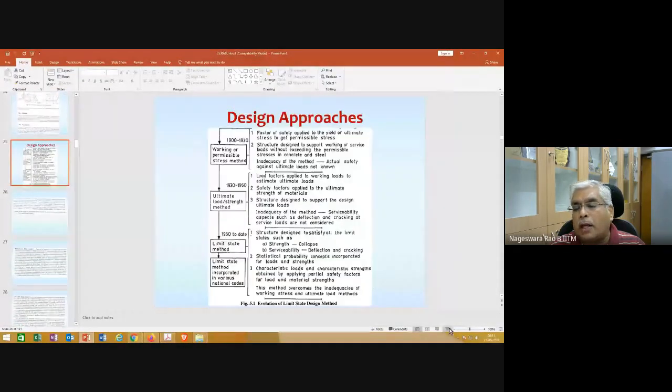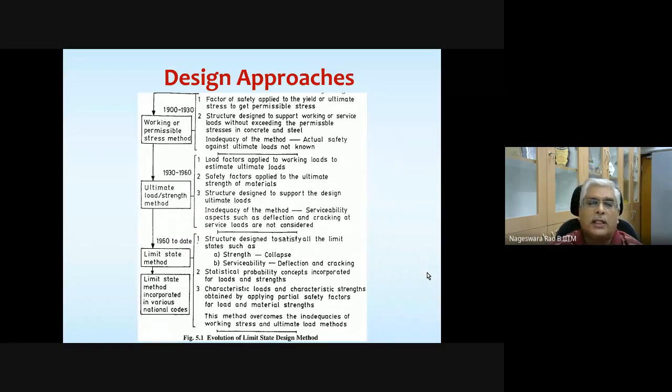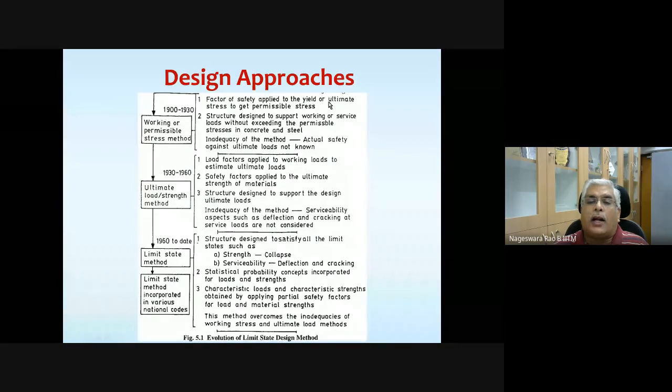Before I proceed further for today's class, let me show you what we noted as part of design approaches. I explained these design approaches to you earlier as well. The first approach is the working stress method. Let's see the important points related to this method. A factor of safety is applied to the yield or ultimate stress to get the permissible stress. So the factor of safety is applied to the actual yield or ultimate stress and permissible stresses are obtained.